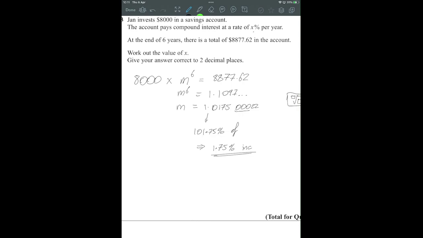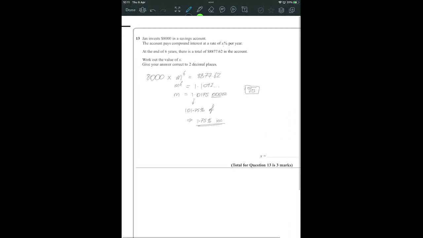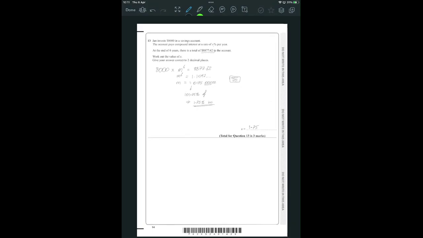So that X is 1.75. And again, you can do this question going forwards with that answer to see if you get the value of 8,800 to give yourself that pat on the back to know whether you've got it right or wrong.